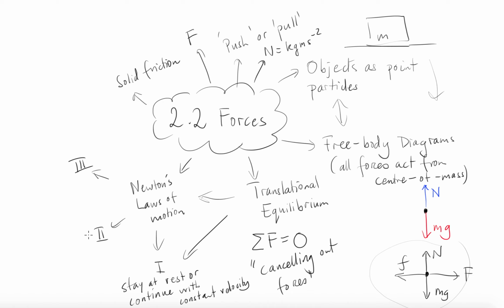However, Newton's second law of motion says that if there is a resultant force, then the object will accelerate. The formula for working out the resultant force is F equals ma.